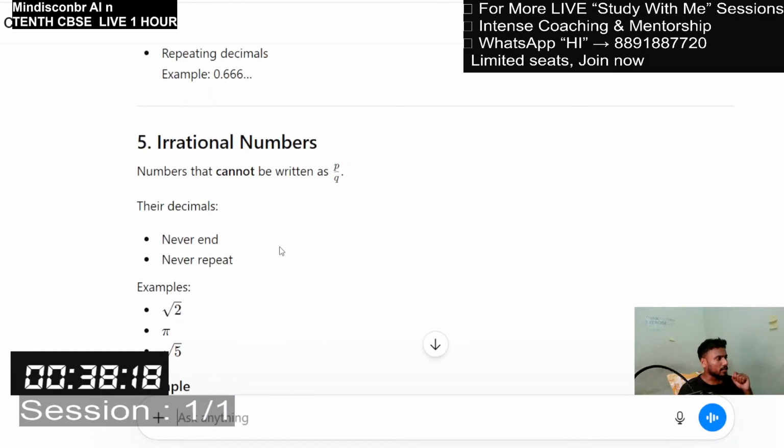And coming to irrational numbers, they cannot be written as p by q, and their decimals never end, that is, they are non-terminating, and they never repeat. Examples are root 2, pi and root 5. Such numbers are irrational because they cannot be written in the form p by q.